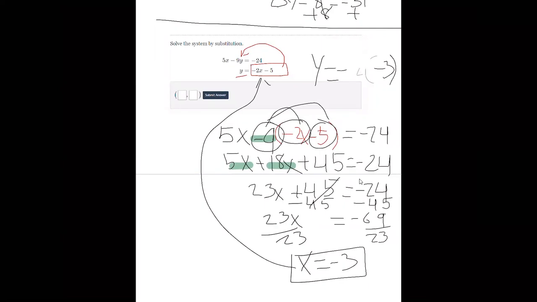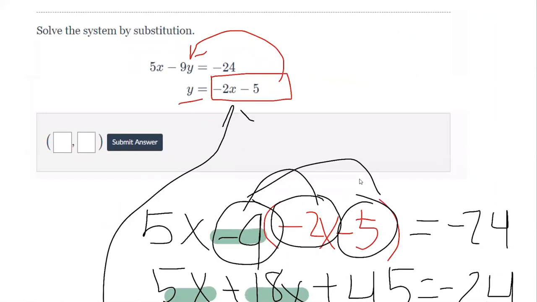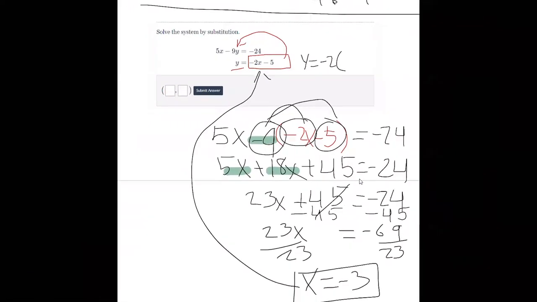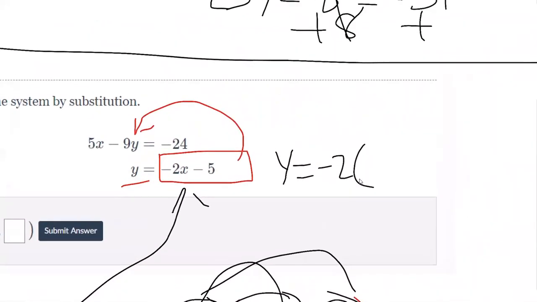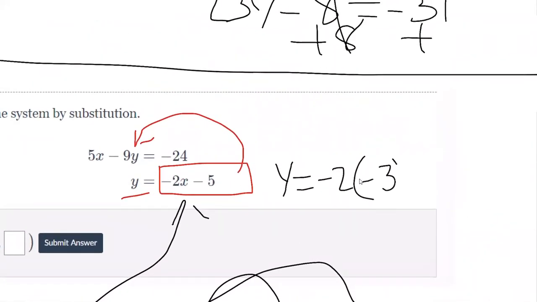Let me see if I can write a little bit smaller. So it would be y equals negative 2, and we got negative 3. If you plug this in, that would be negative 2 times negative 3 minus 5. If you work that out, you should get 1.